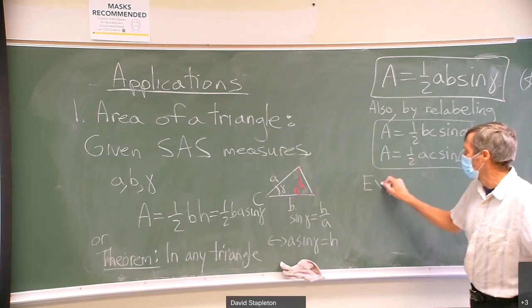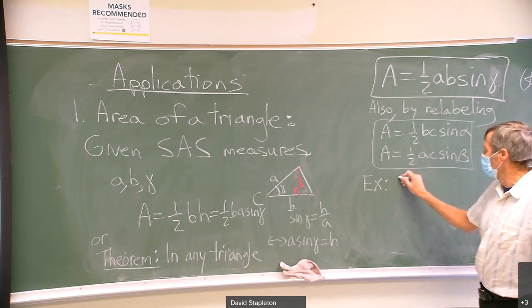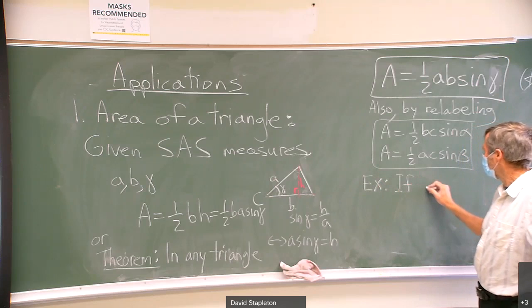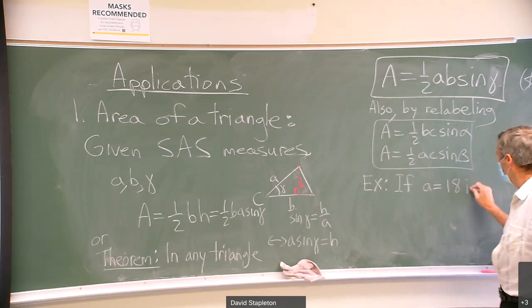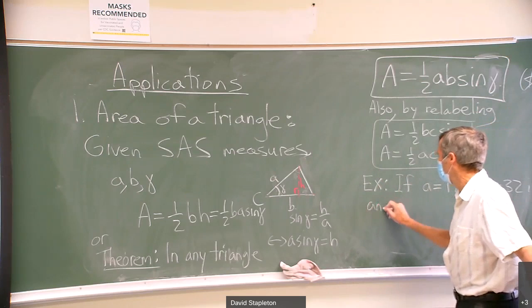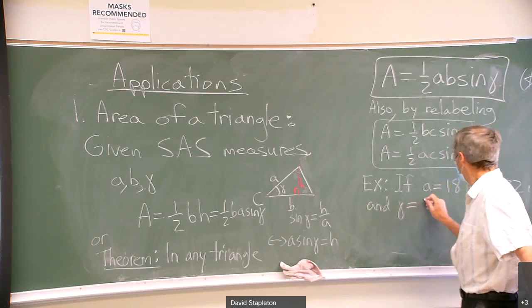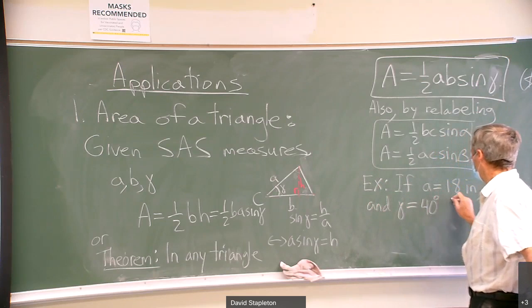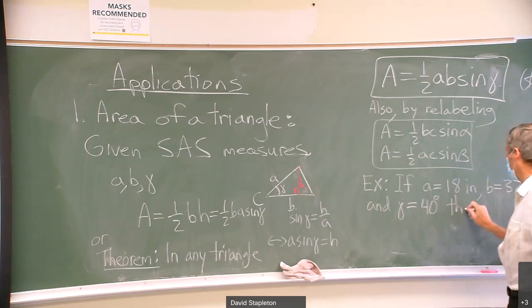So for example, suppose I have a triangle. If A measures 18 inches, B measures 32 inches, and the angle between them, gamma, is 40 degrees in a triangle.